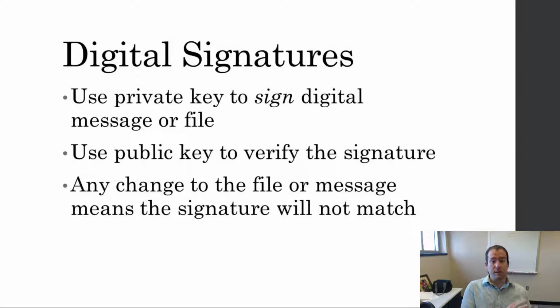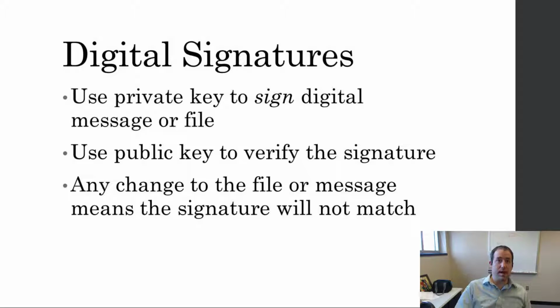And basically, you use your private key to sign a digital message or a file. And when you use your private key to sign a message, that's you performing some math on the message and basically verifying that you are the person who sent the message and the message has not changed.